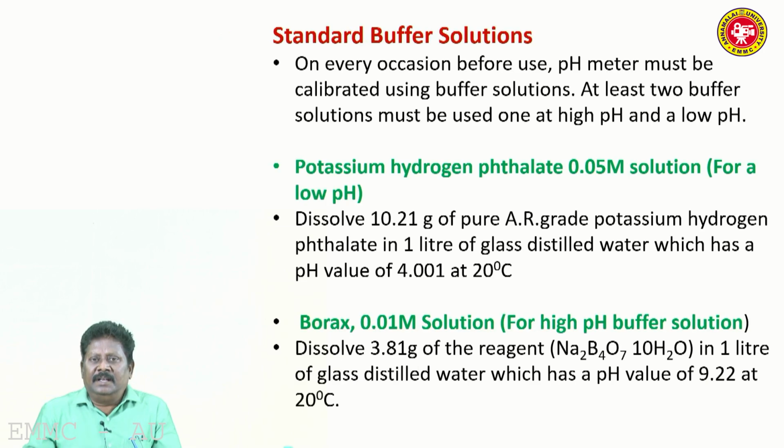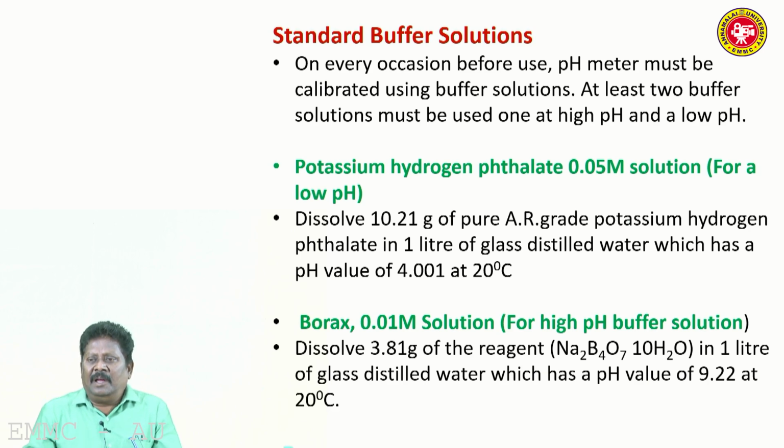Standard buffer solution. Before taking up the reading using a pH meter, you have to standardize the instrument, as I said. On every occasion before use, the pH meter must be calibrated or standardized using buffer solution. So, we need at least 2 buffer solutions, one at low pH, one at a high pH value.